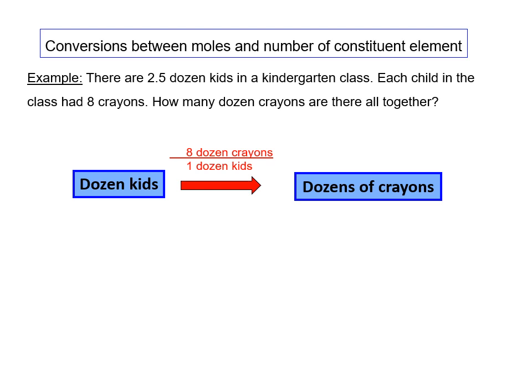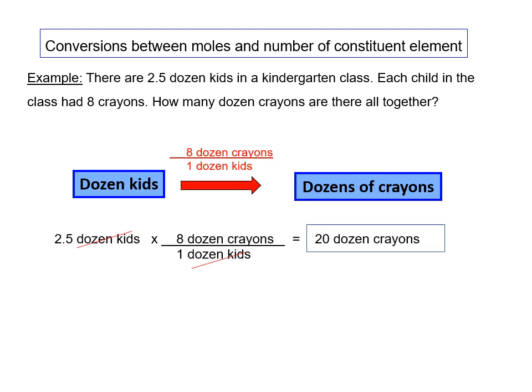So if each kid has 8 crayons, then each dozen kids has 8 dozen crayons. So I start off with 2.5 dozen kids. I put 8 dozen on top, 1 dozen on bottom, and when I multiply through, I get 20 dozen crayons as my final answer. So I did this all in one step, going from dozen to dozen.